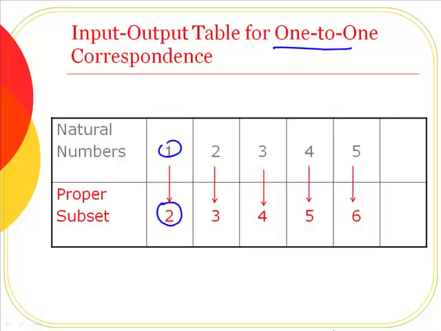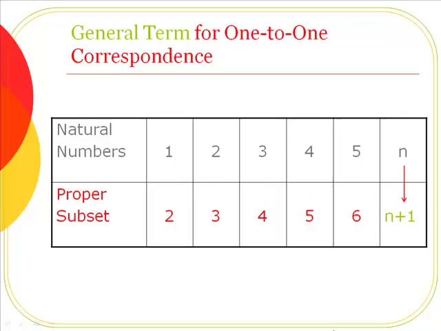Now what we like to do is come up with the general term. And the general term is always related to the natural numbers. This is convenient in our case because the set that we're trying to show is infinite happens to be the natural numbers. So we always have to have an n here, and then we'll write the formula. Another name for the formula is the general term in terms of n. So what did I do to go from 1 to 2? I added 1. What did I do to go from 2 to 3?